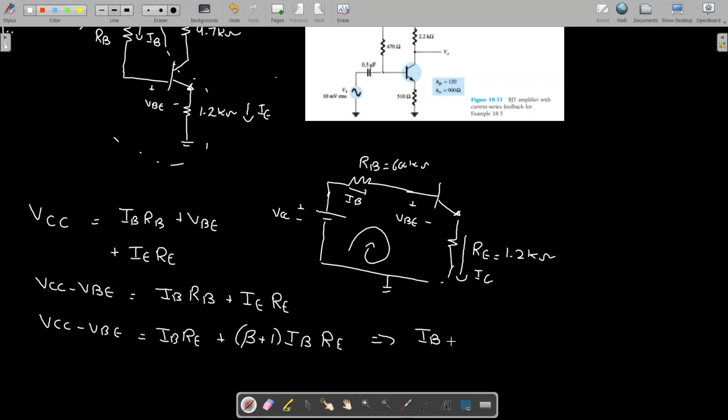I take IB common, so IB is equal to VCC minus VBE divided by RB plus beta plus 1 RE. This is your RB, not RE. Here I have taken IB common, and the rest will be divided over here.